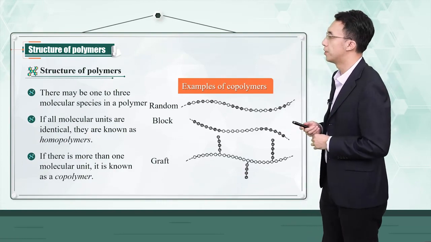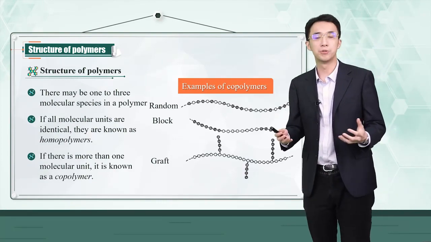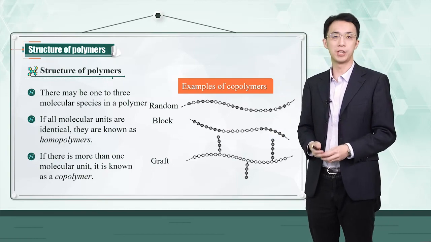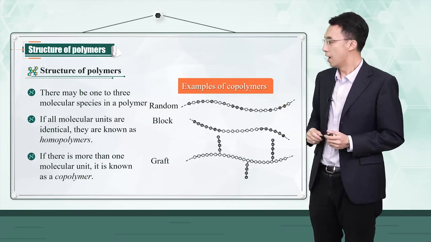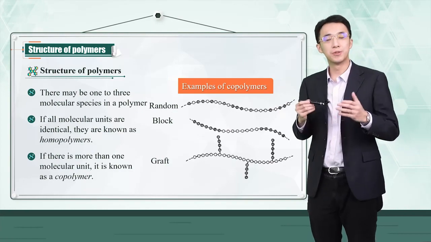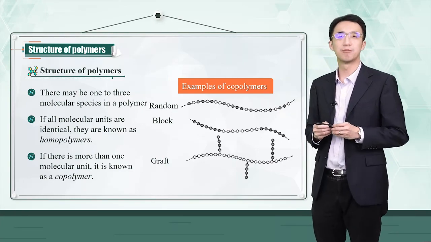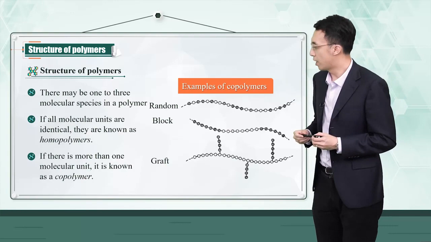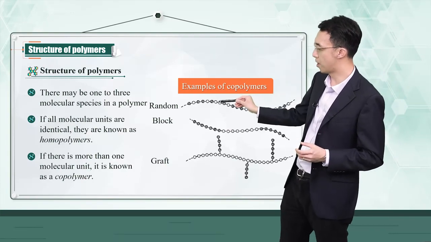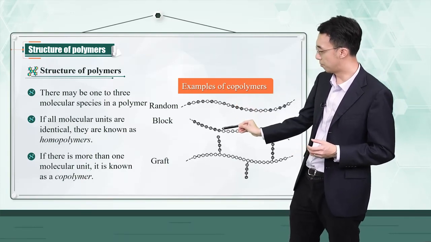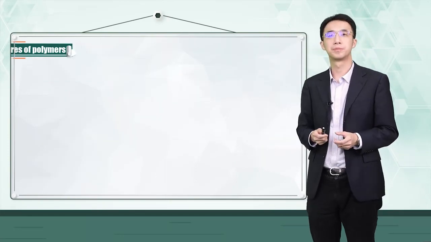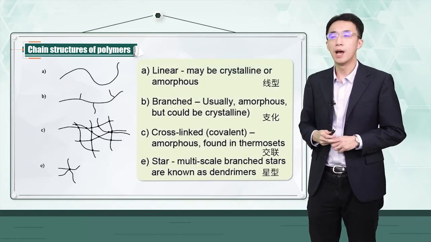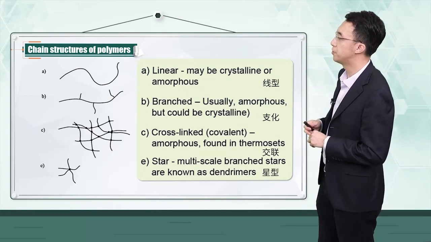There can be different molecules on the same polymer chain, and they are called copolymers. Depending on the geometry of the different types of molecule units, you can have random copolymer, block copolymer, or graft copolymer. You may also have different chain structures.